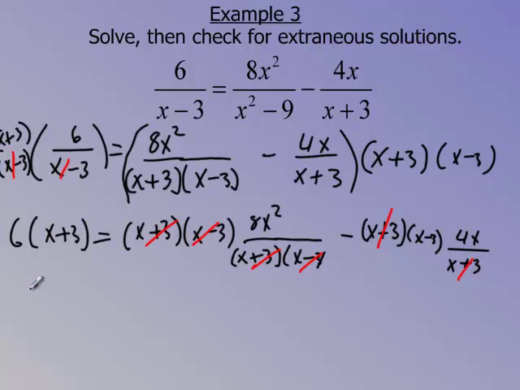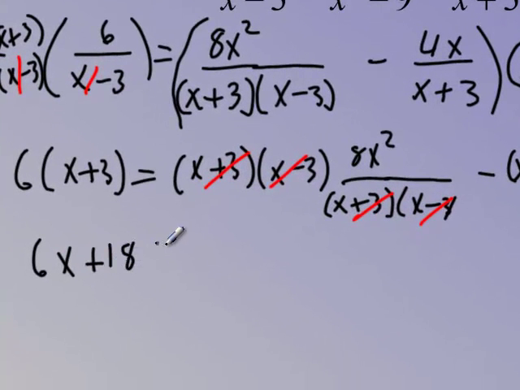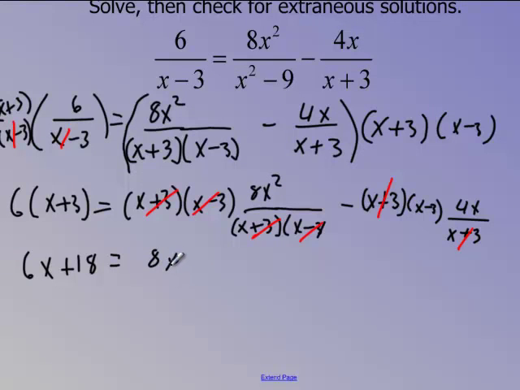So rewriting this, I'm going to go ahead and distribute this. 6x plus 18 is equal to 8x squared minus, I'll go ahead and distribute the 4x with the x minus 3, so that'll leave me with 4x squared minus 12x.